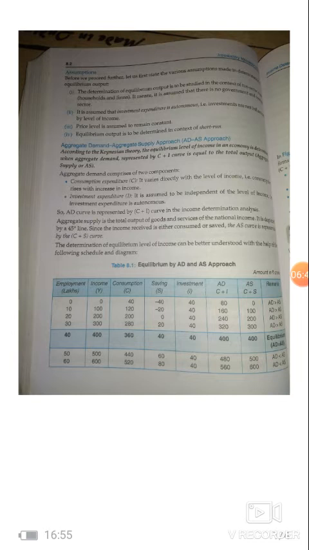Now the saving curve is also upward sloping, indicating a positive relationship between saving and national income. It simply means that if national income increases, saving also increases. But again, the increase in saving is faster than the increase in national income.